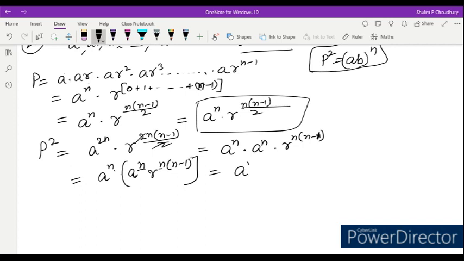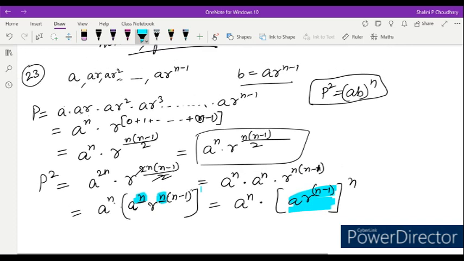Can we write a to the power n into a into r to the power n minus 1, with the power n, because here also there is n and here also there is n, both. Okay, here also n and here also n, we can take n common and take it outside. It means the power will be n. Okay, now a r to the power n minus 1, that is equal to b, right?